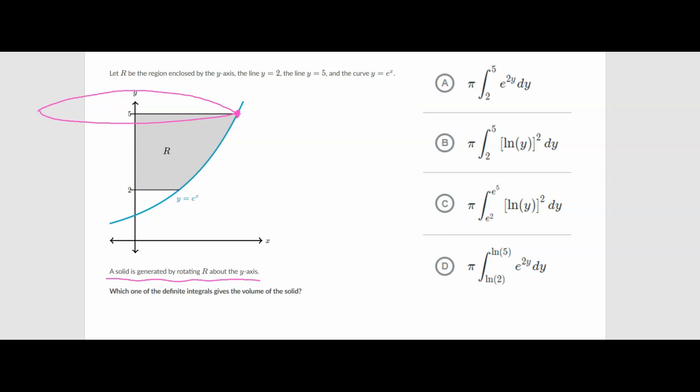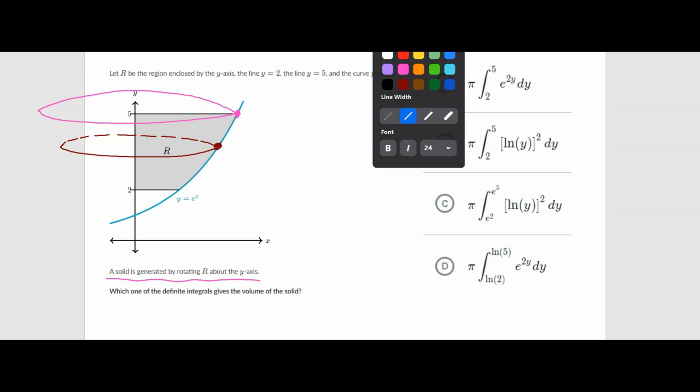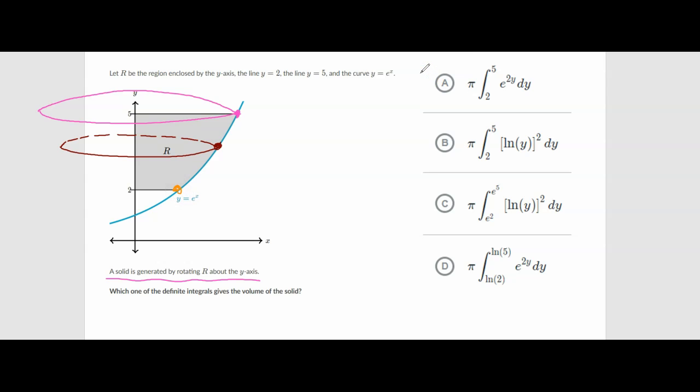Again, we're going to get a little, I was going to say a dome figure, but it's not going to quite be a dome because our bottom's cut off. But we're going to get a figure that looks like this.